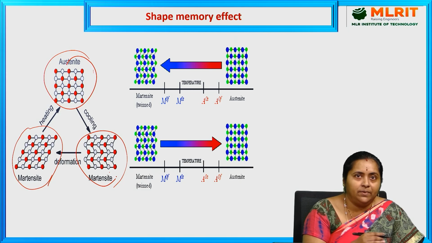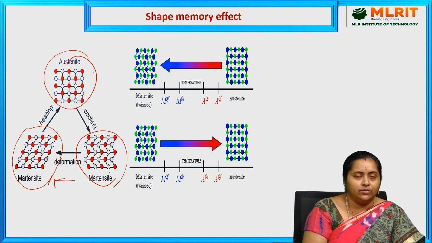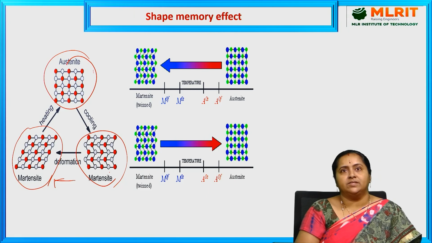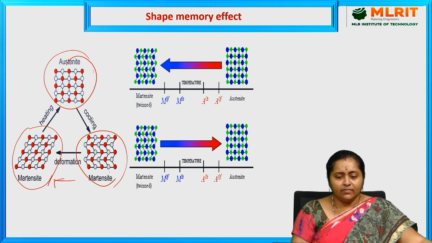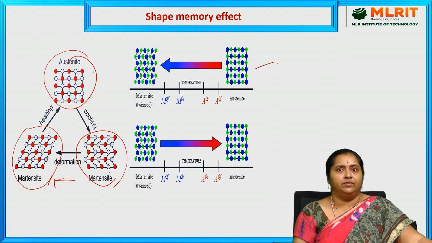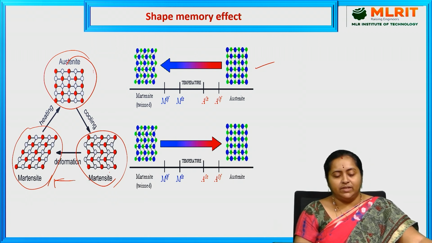After complete cooling, again it will come back to its original form. That is, it is able to keep the original shape in its mind, or remind itself of that shape. The same thing is explained here in the form of a graph, showing with respect to temperature changes the deformation initially, and then coming back to its original form.